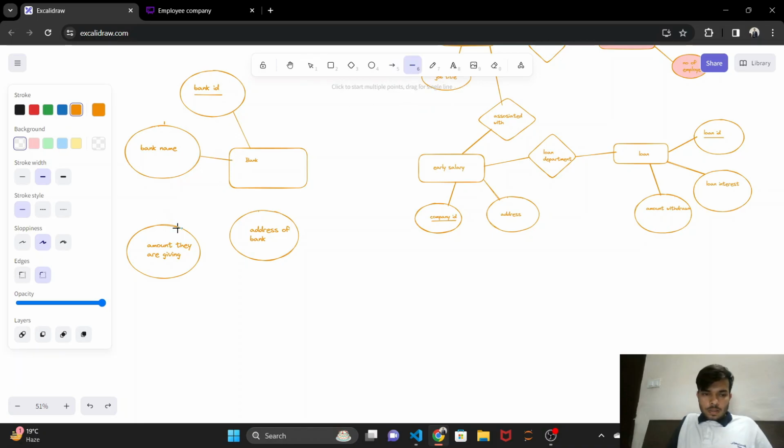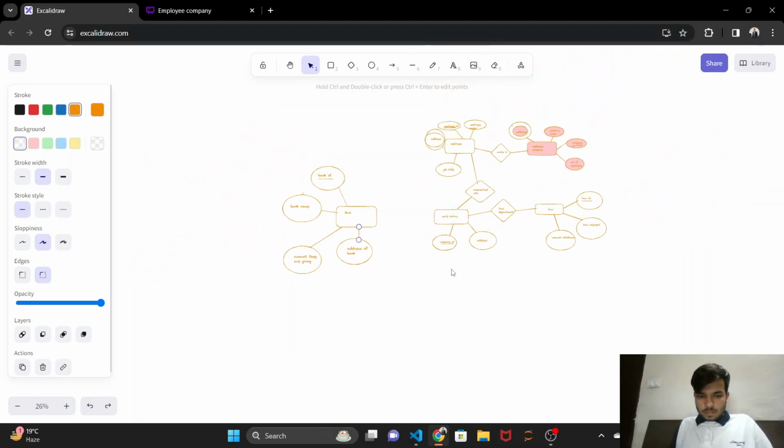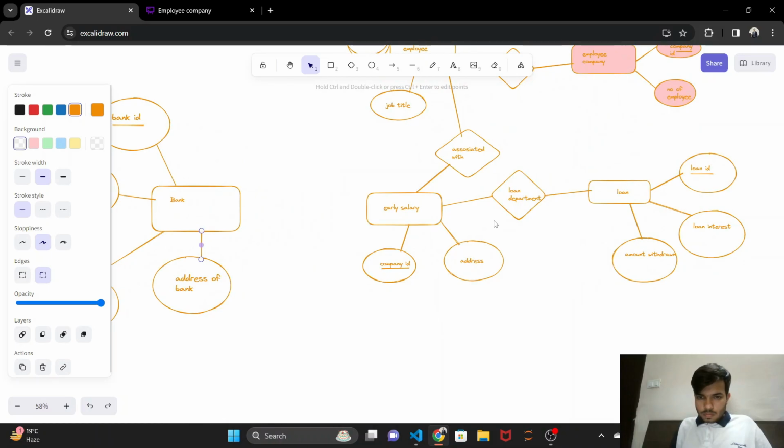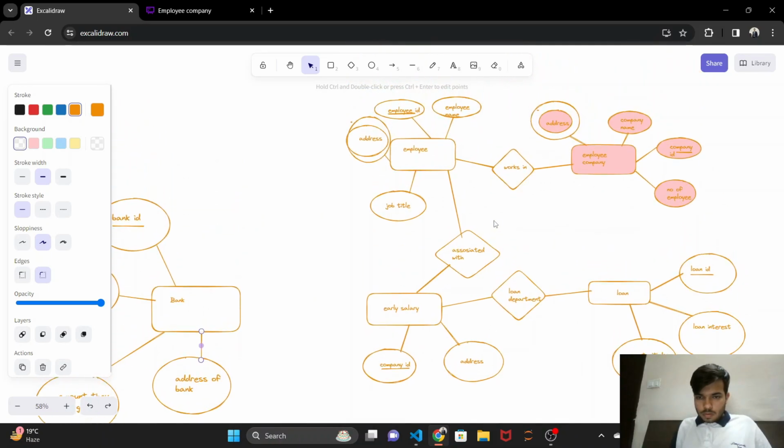We will be connecting these attributes with its main entity, and this bank entity will also be connected with the company early salary, to associates.